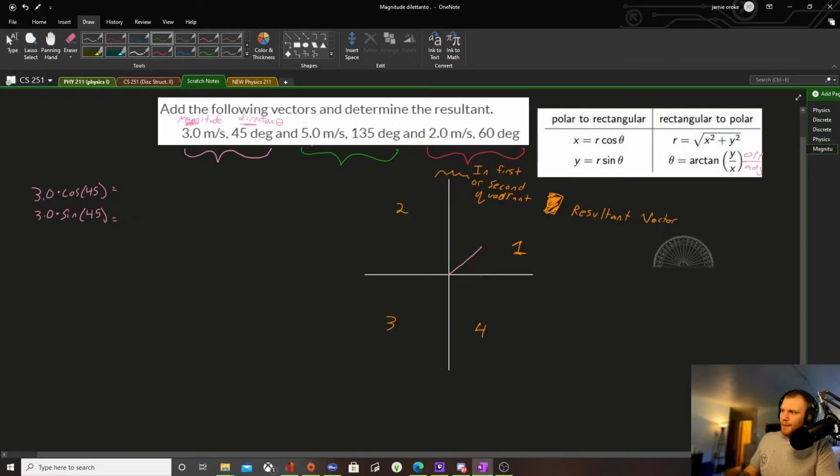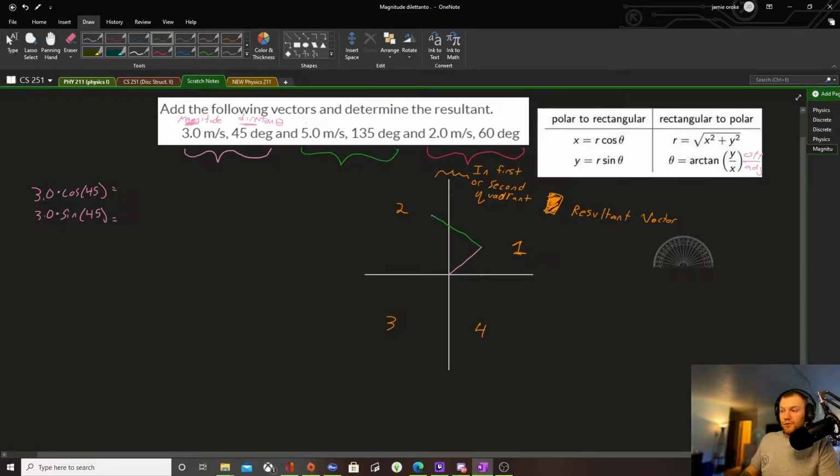So this second vector is going to have a magnitude of 5, and it's at 135 degrees. So that's over 90 degrees. We're still basing it off of the positive x-axis right here. So 135 degrees based off of this x-axis, and it has a magnitude of 5, which is greater than the first one.